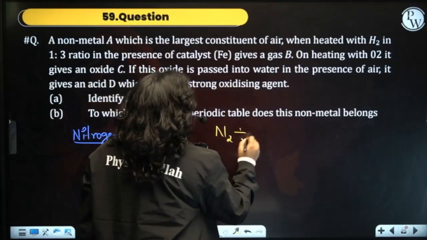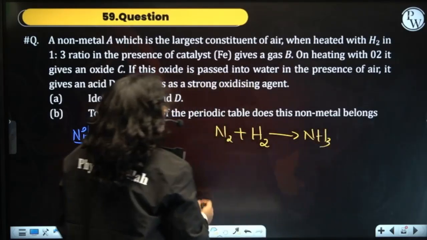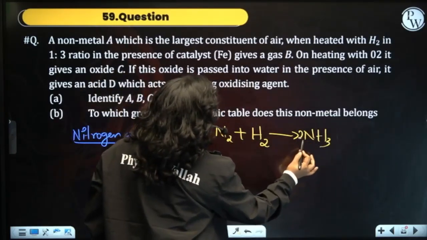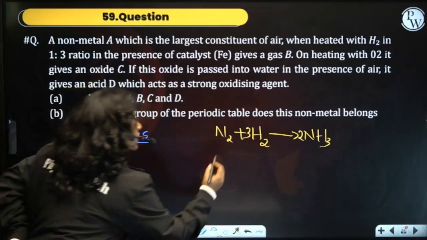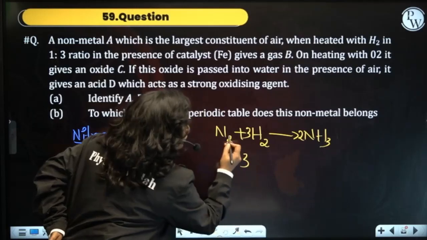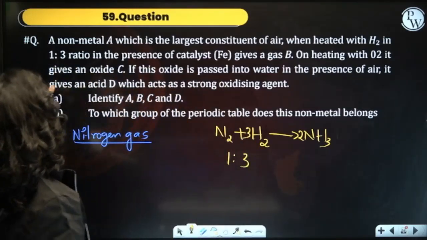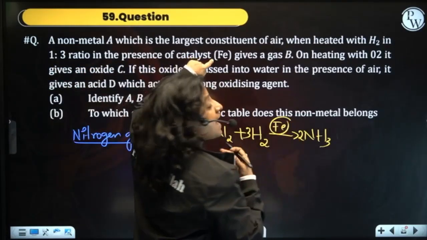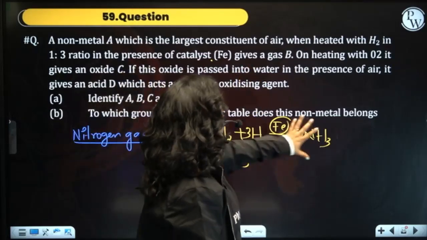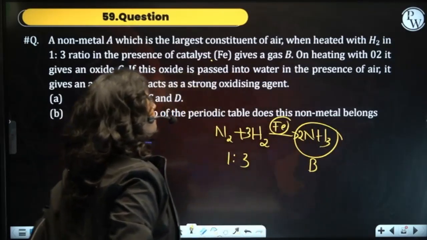Nitrogen plus hydrogen forms ammonia. Balancing it, 3 comes for hydrogen, so the ratio is 1:3, that is, 3 volumes of hydrogen for one nitrogen. The catalyst is something that can accelerate the reaction, so it gives B. What is B here? Ammonia is B.